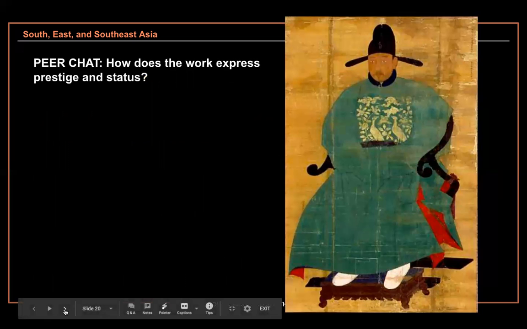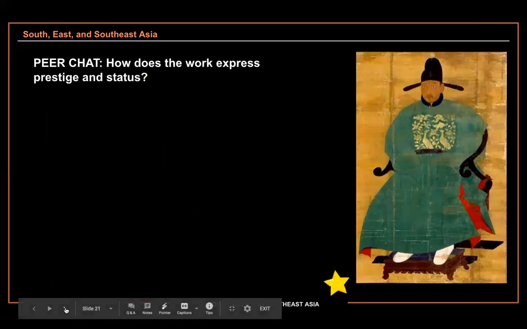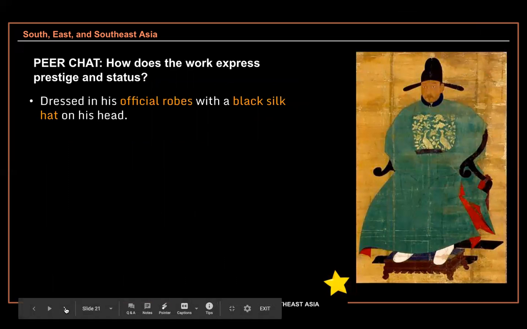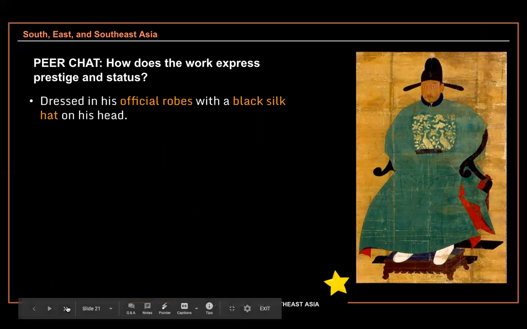So what are the emblems of prestige and status? He's dressed in official court robes and has a silk black hat. That wasn't common. He's seated with his feet raised, not touching the earth.